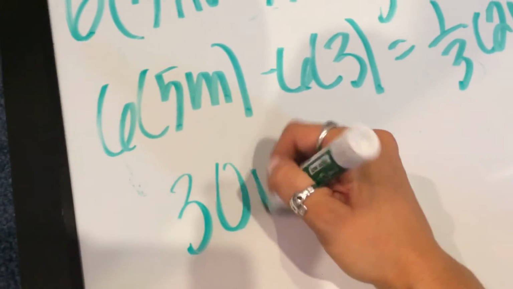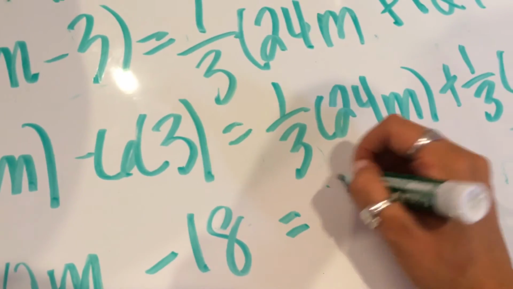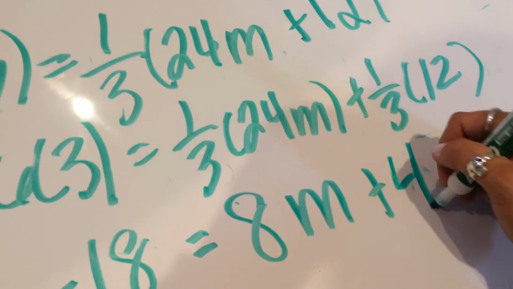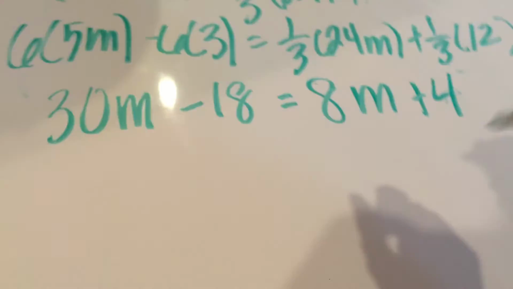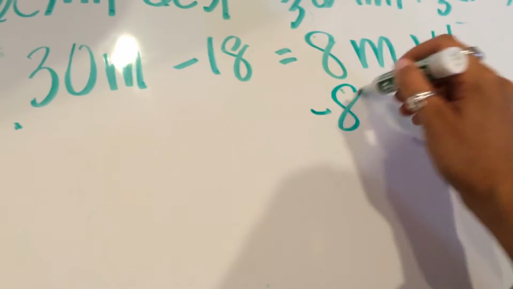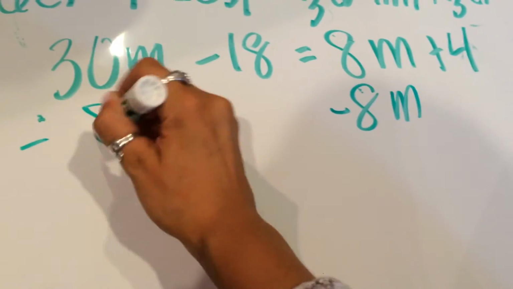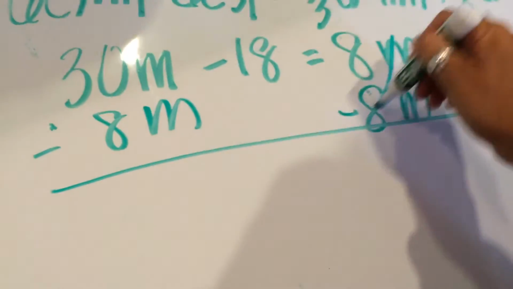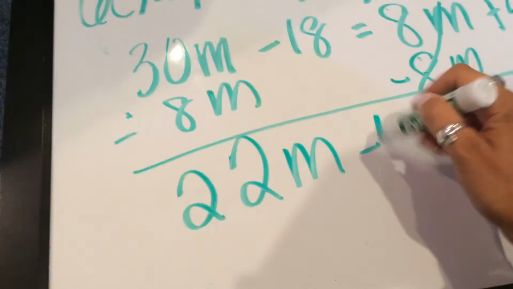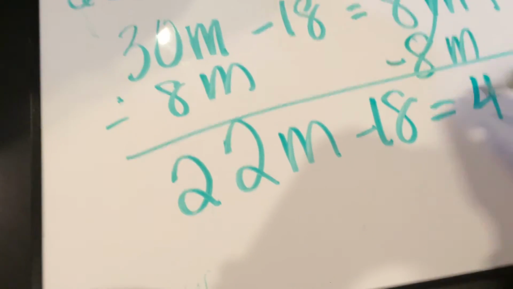We have 30m minus 18 is equal to 1/3 of 24 is 8m plus 1/3 of 12 is 4. Now again, bring your smaller variable to your bigger one. Then we don't have to deal with negatives, because negatives is no bueno. Nobody likes the negatives. 30 minus 8 is 22m minus 18 is equal to 4.